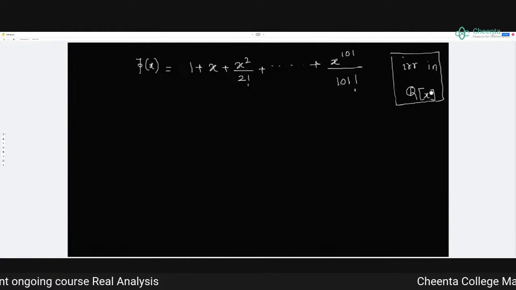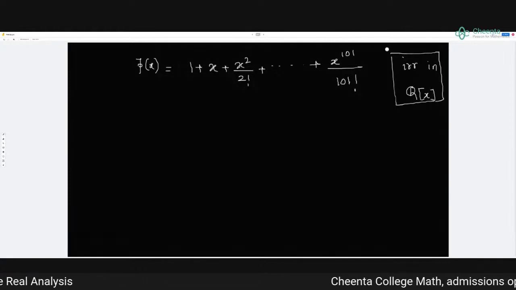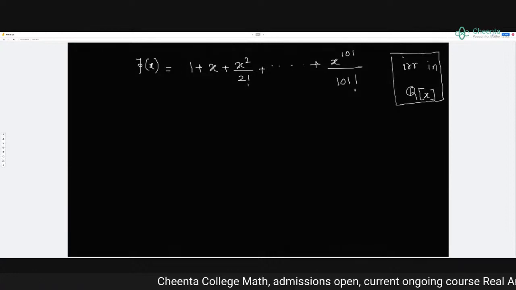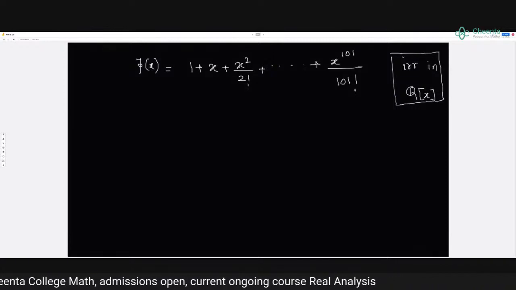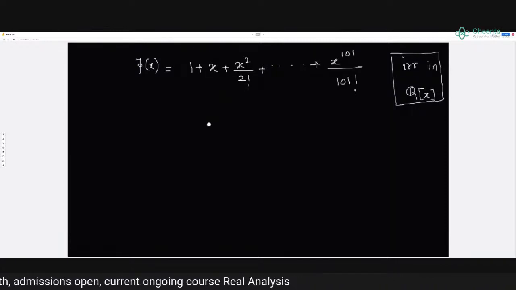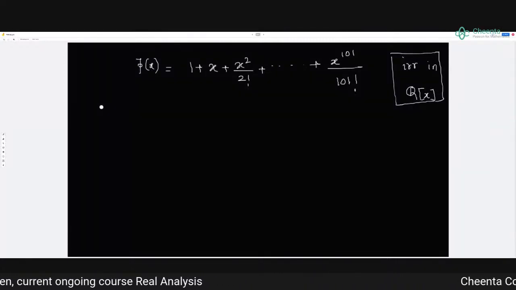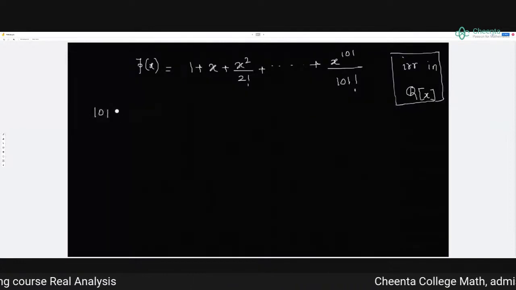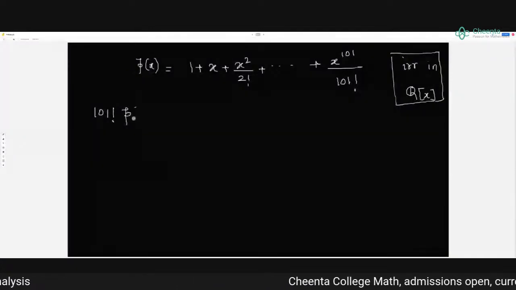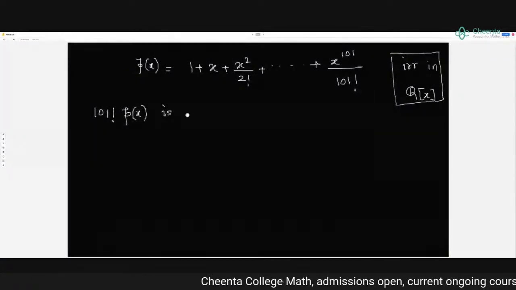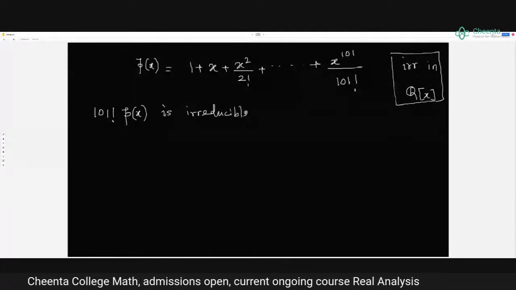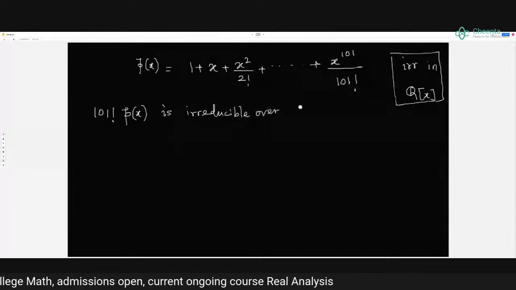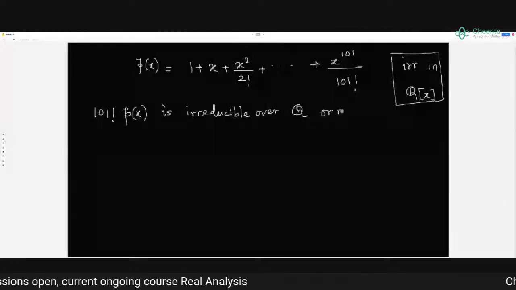To apply the Eisenstein criterion, what is the necessary and sufficient condition that we can prove? That condition is whether 101 factorial times P(x) is irreducible over Q or not.